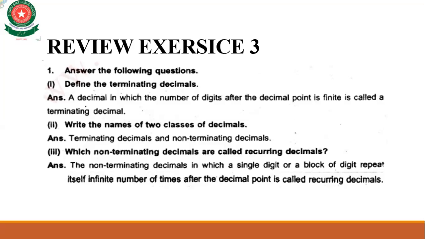The non-terminating decimals in which a single digit or a block of digits repeats itself an infinite number of times after the decimal point are called recurring decimals. For example, 1.3333. Here the 3 is recurring, which repeats again and again an infinite number of times.